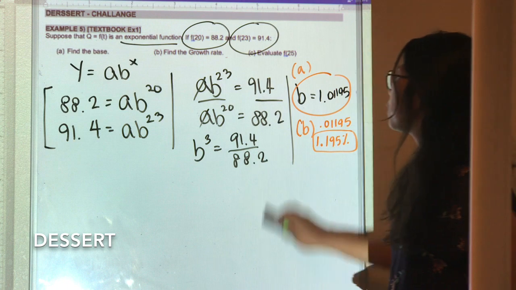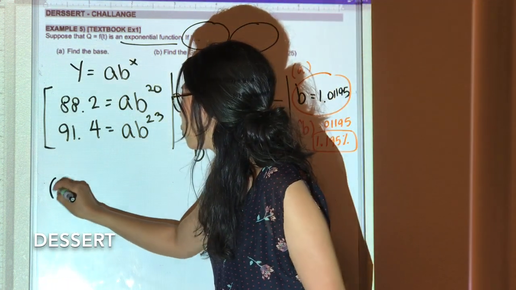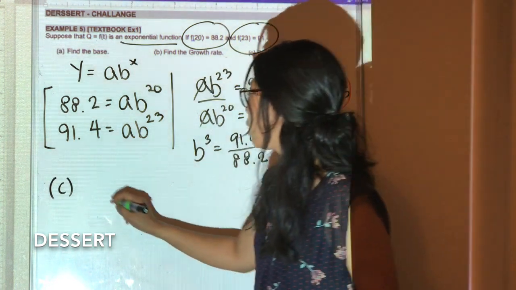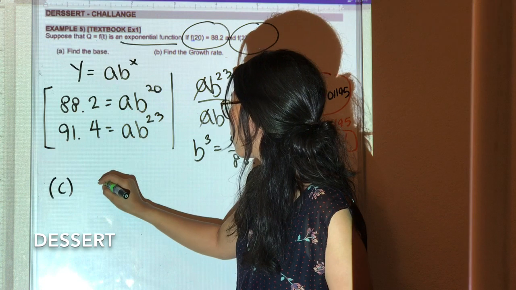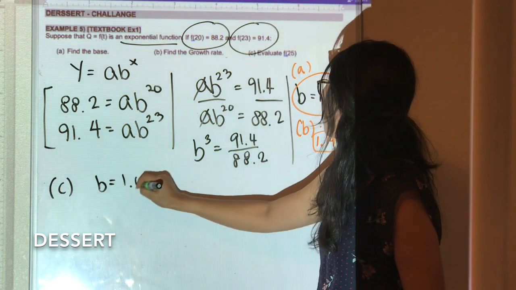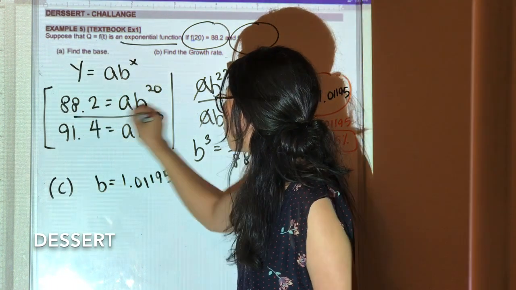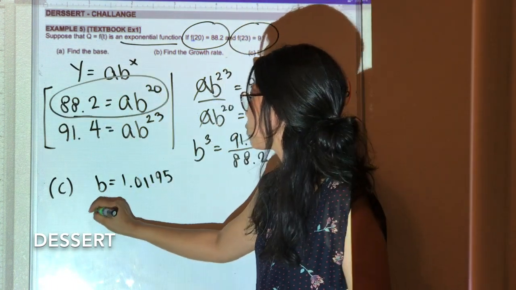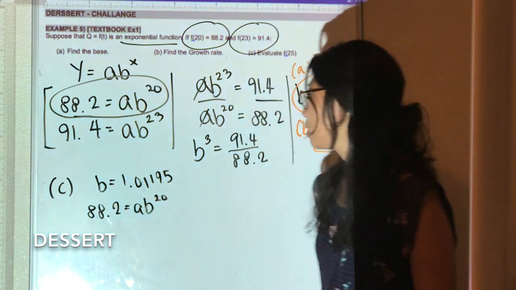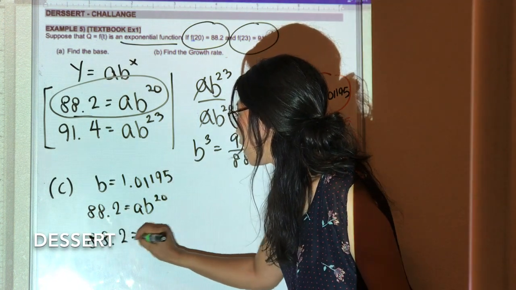Then in order to evaluate the function at input 25, we need to find the original equation. So I have my b value given as 1.01195, and then I have one of the 2 equations, 88.2 is a times b to the 20. By plugging in here, I can find the a value.